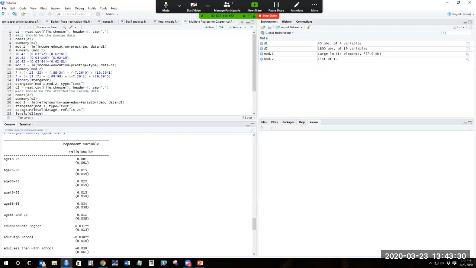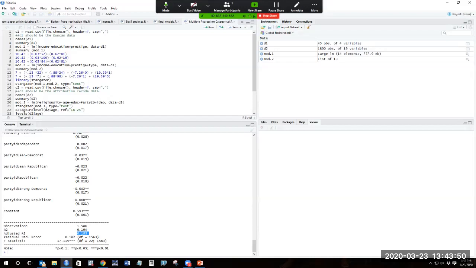I have the oldest you could possibly be. I have the youngest you could possibly be, because if you're under 18, you're not allowed to take national surveys. And I have everything in between. So what I don't know is who these are being compared to. Who are they being compared to?